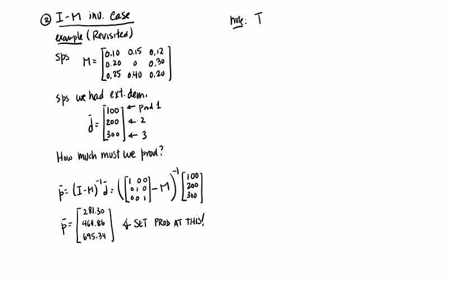So note, the internal demand is, we take this vector, this is everything that's being produced.